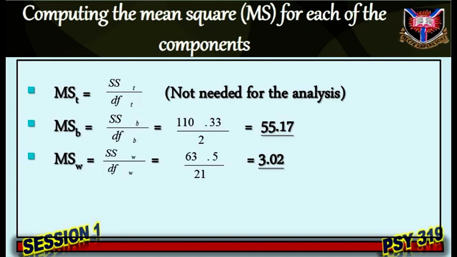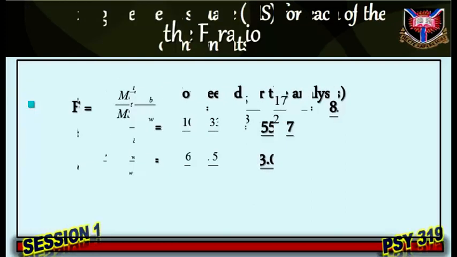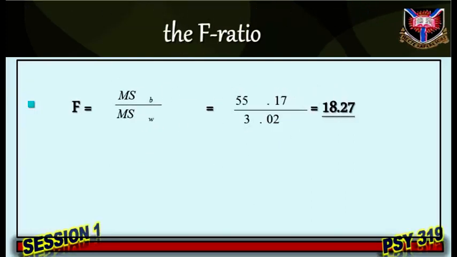MSW is equal to SSW over DFW is equal to 63.5 over 21 is equal to 3.02. Compute the F ratio. F is equal to MSB over MSW is equal to 55.17 over 3.02 is equal to 18.27.